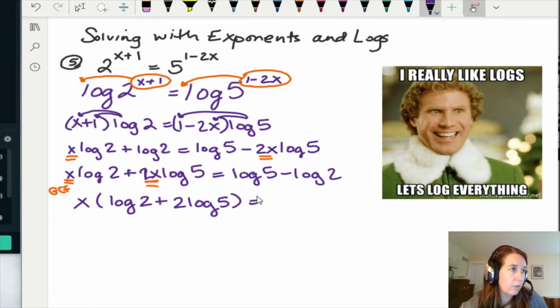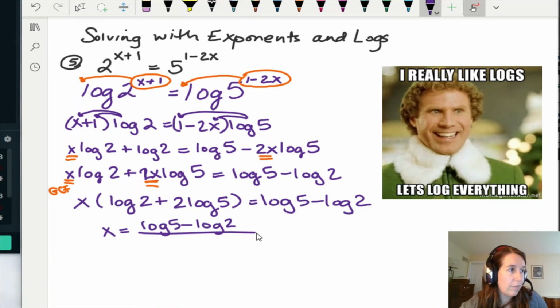And that's still equal to log 5 minus log 2. Now this is x times these things, and I only have one x now. So since it's x times these things, I'll just divide by these things, and I'll get x is equal to log 5 minus log 2 divided by log 2 plus 2 log 5.